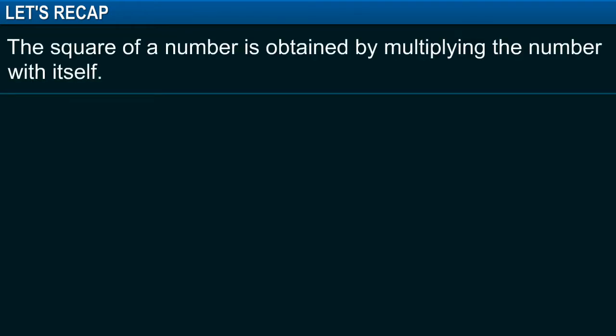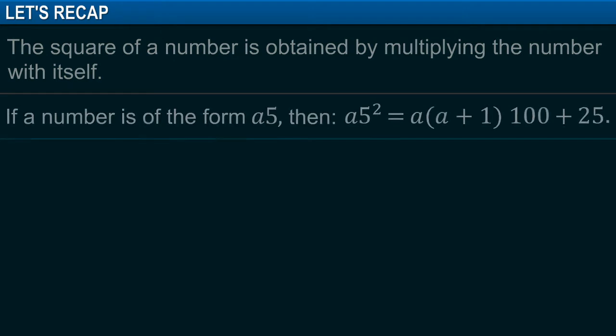In this module, you learned that the square of a number is obtained by multiplying the number with itself. If a number is of the form a5, then a5 square is equal to a times (a + 1) times 100 plus 25.